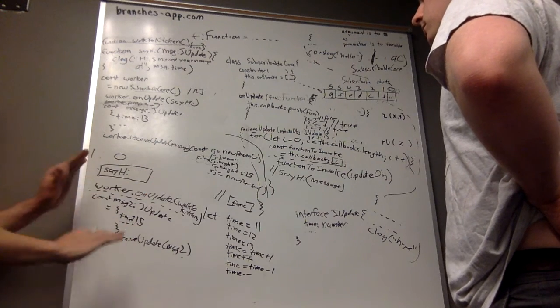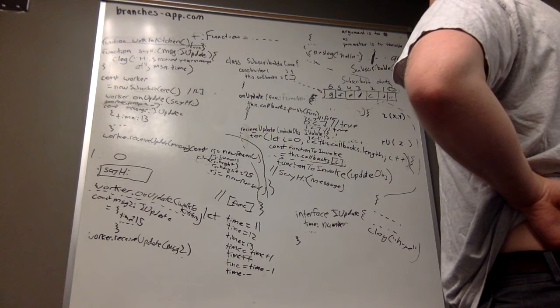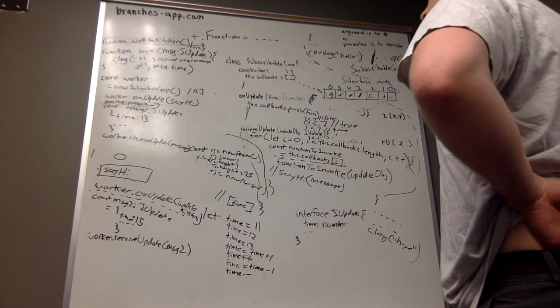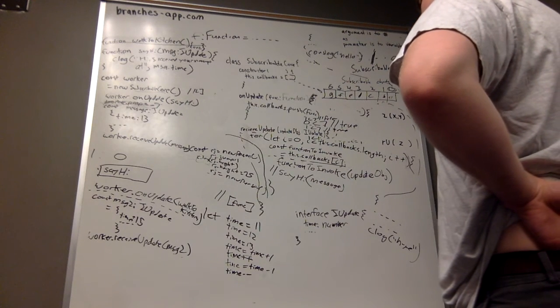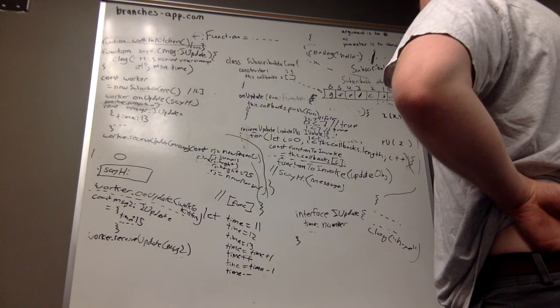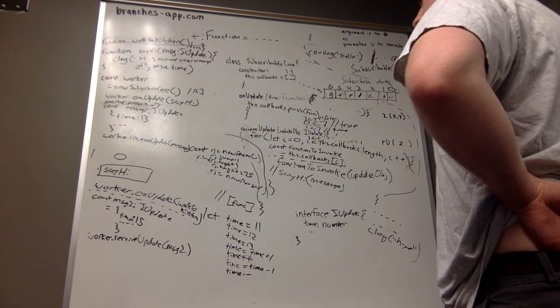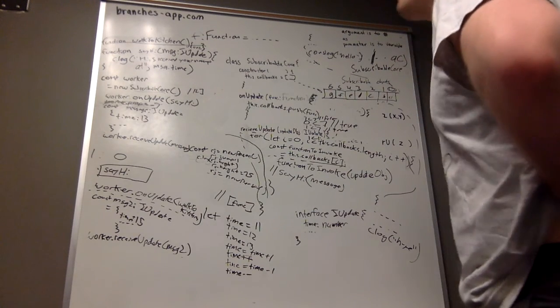What happens? So where is receive update? Message 2 has to conform to I update. Okay, I'll go back to what we defined worker as.